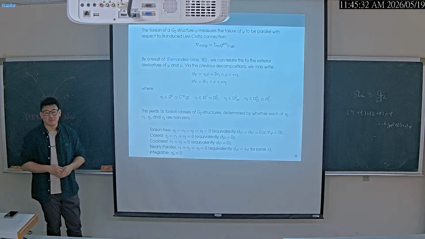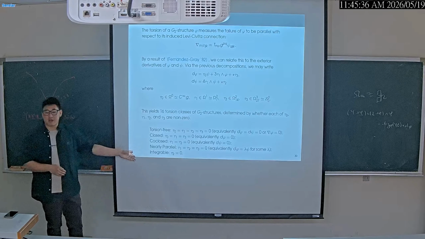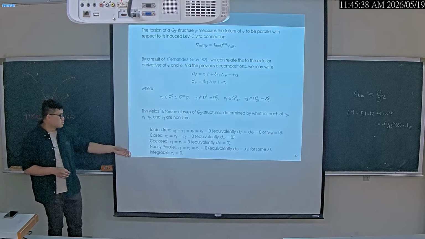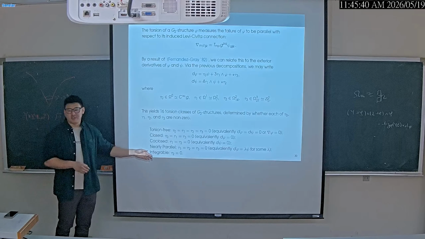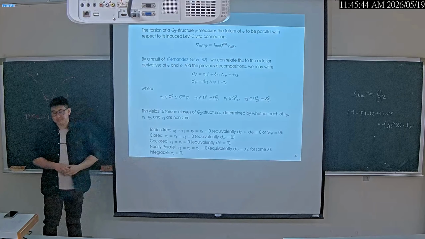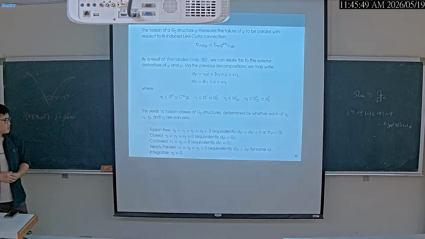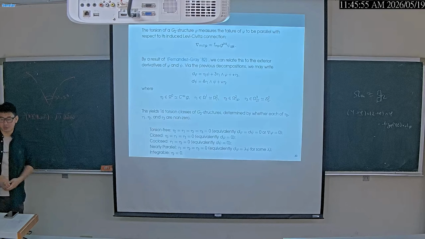Even though we're working in 7 dimensions, there is no actual complex structure. These are supposed to be some analog of that. There's a notion of a Dolbeault cohomology for G2 structures that exists when tau 2 is equal to 0. Although I don't fully understand this connection to integrable complex structures, there is some notion of this.